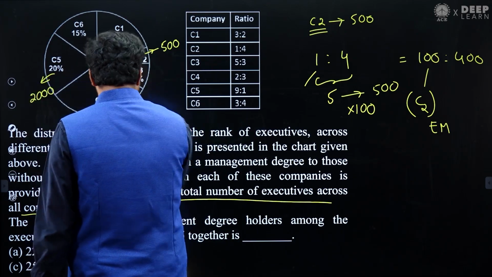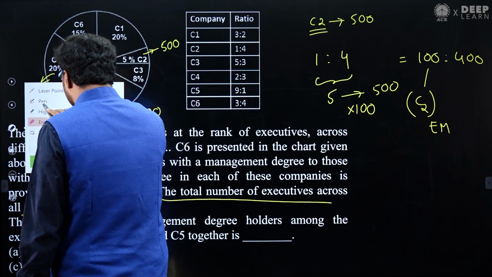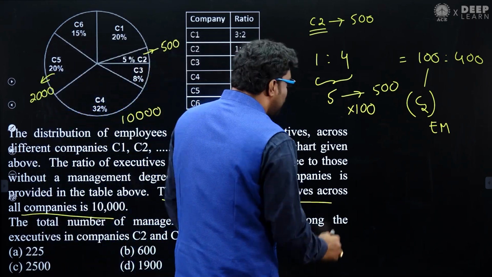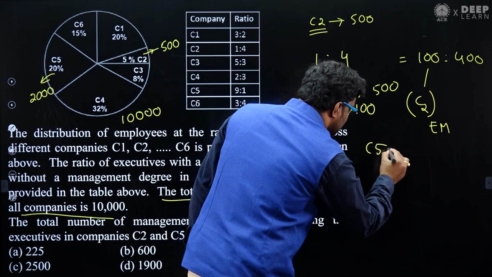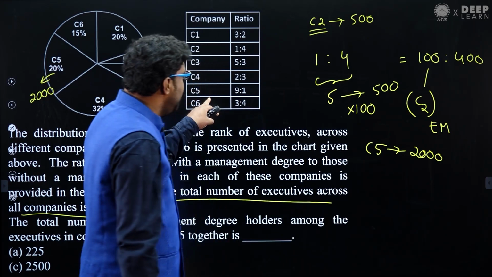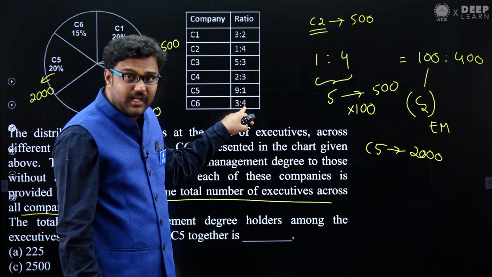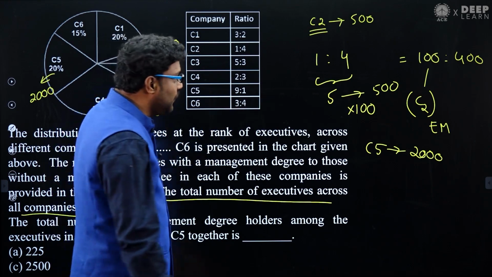Then let's see company 5, my dear friends. In company 5, the total is 2000, as we know. The ratio of executives with a management degree to without is 9:1.